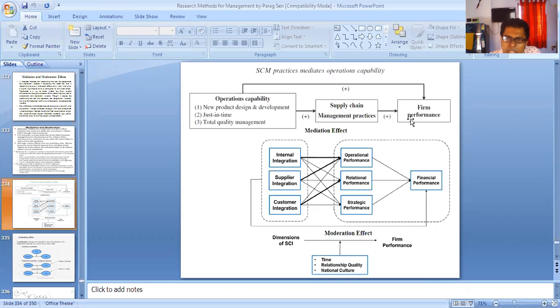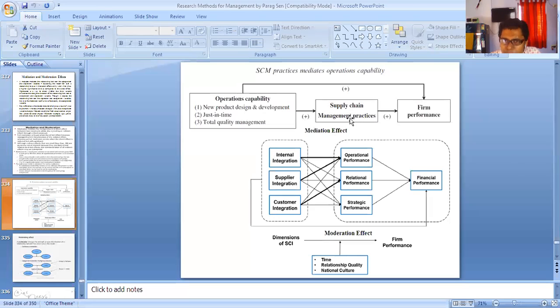But if this effect is more than the direct effect, okay, and also it is significant, then only you can say that there is an importance of this mediator. Otherwise there will be no importance of this mediator.